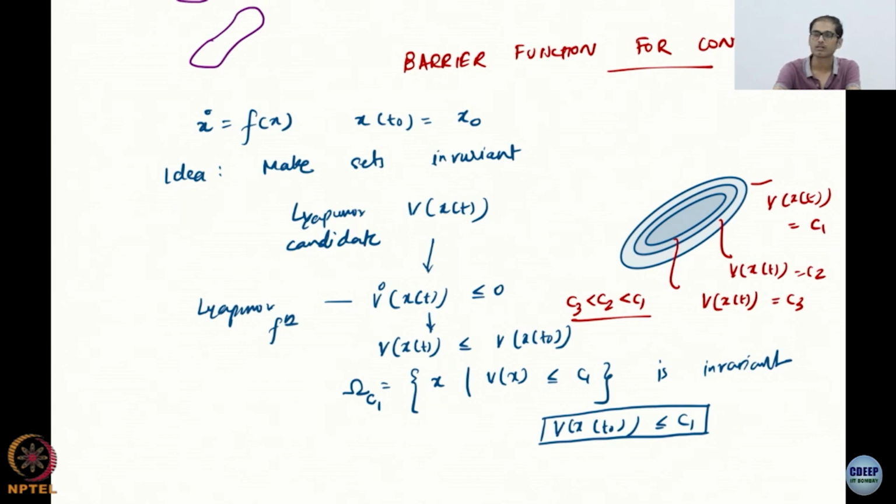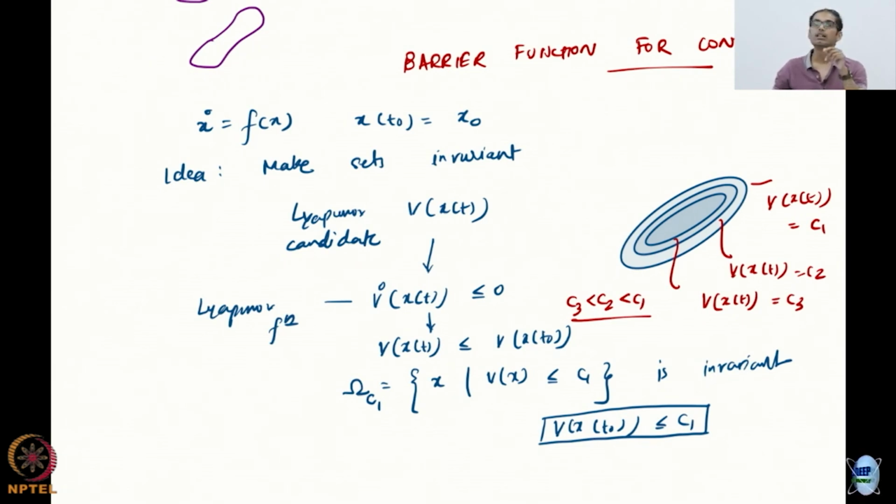Okay, alright, great. So I got invariance, this is actually forward-in-time invariant. If I start inside this V(x) equal to c1 set, I am going to stay inside it, okay.